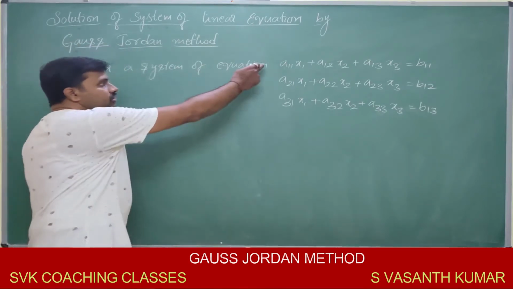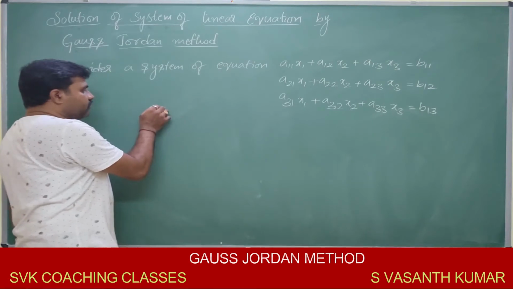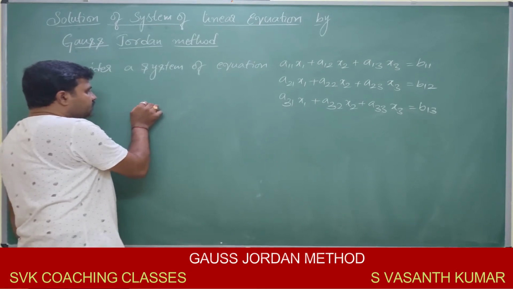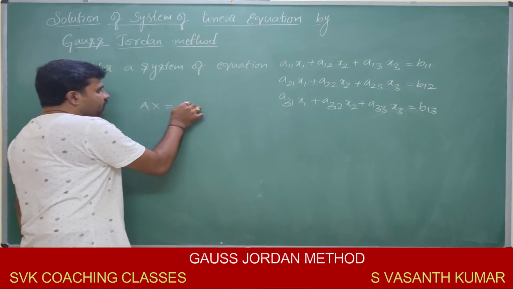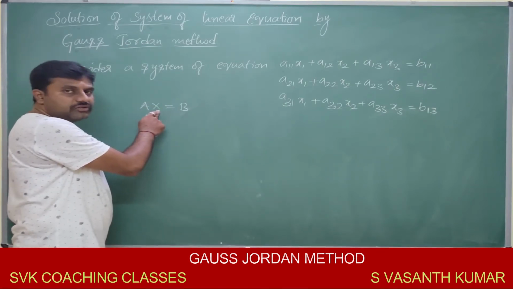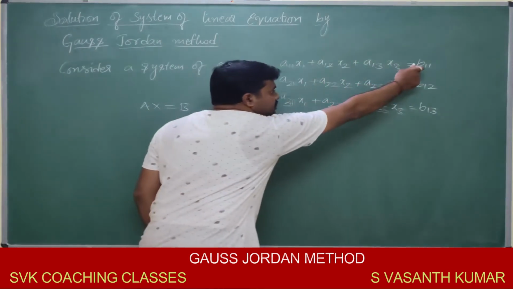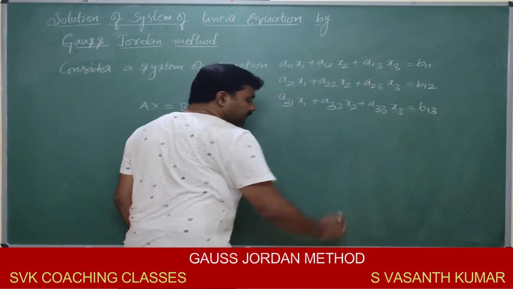As I said, this system of equations is equivalent to a matrix equation of the form Ax equal to B, where A is the coefficient matrix, X is a column matrix with the unknowns, and B is a column matrix with the constants b11, b12, b13.